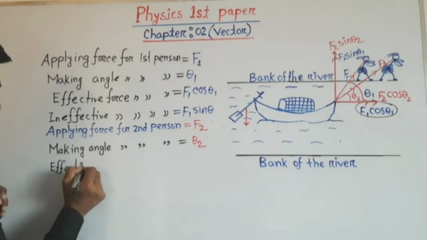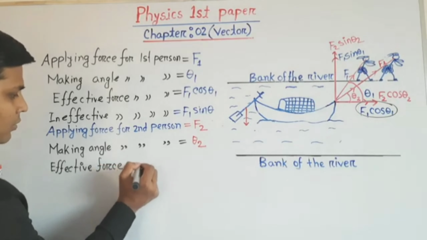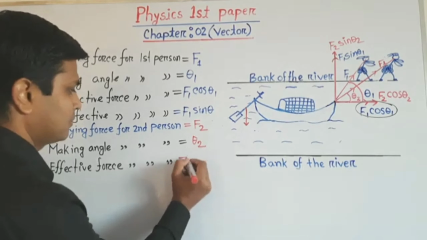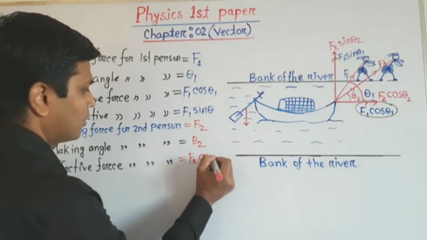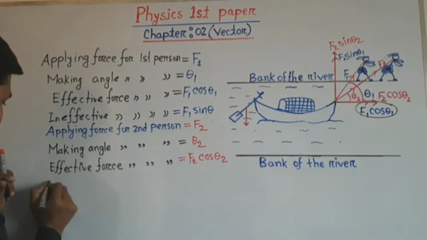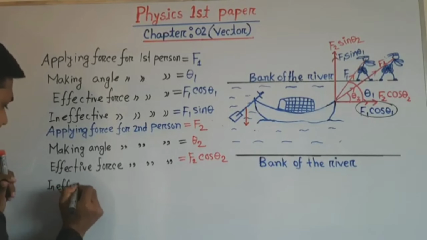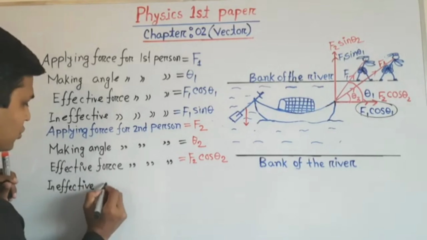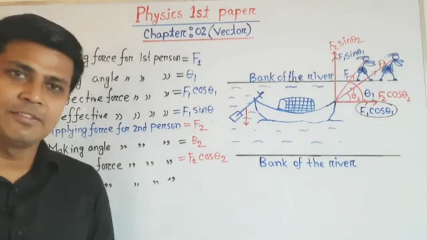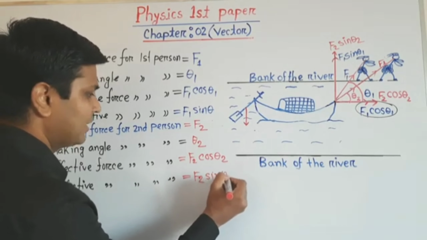Effective force for the second person is F2 cos theta 2, and the ineffective force for the second person will be F2 sin theta 2.